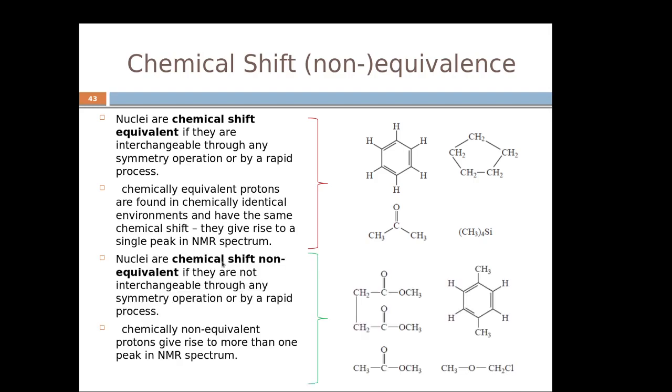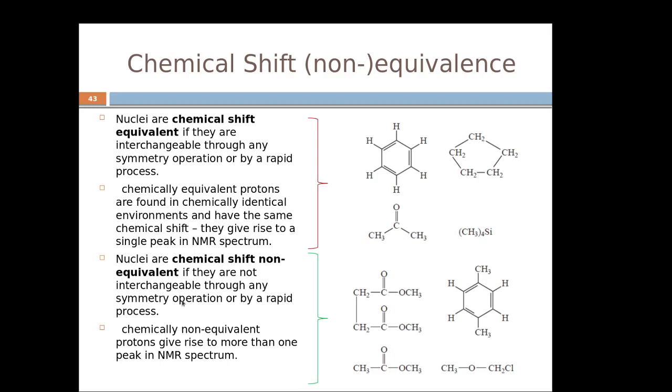So on the contrary, chemical shift non-equivalent protons are those protons which are not in identical chemical environments and which cannot be interchanged through any kind of symmetry process or a rapid process. In addition to symmetry processes, chemical shift equivalent nuclei may be interchanged by some rapid process such as rotation about a carbon-carbon single bond or ketone tautomerism.